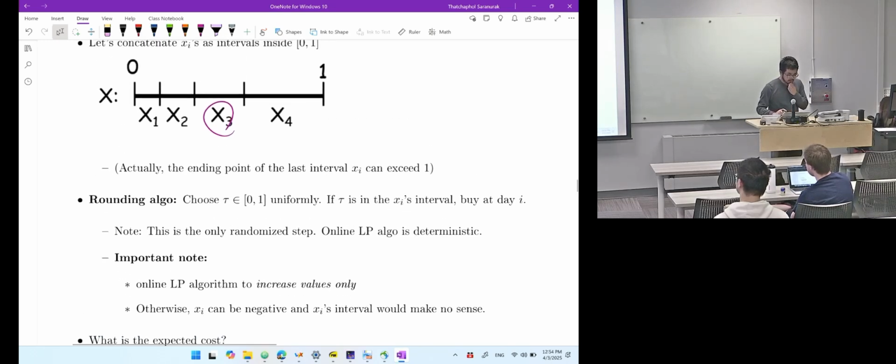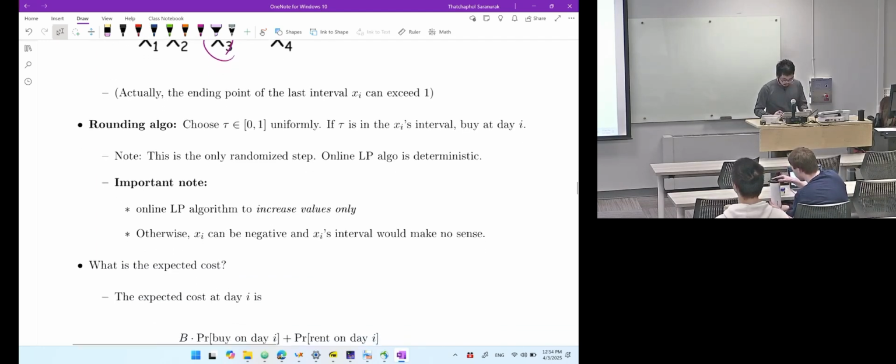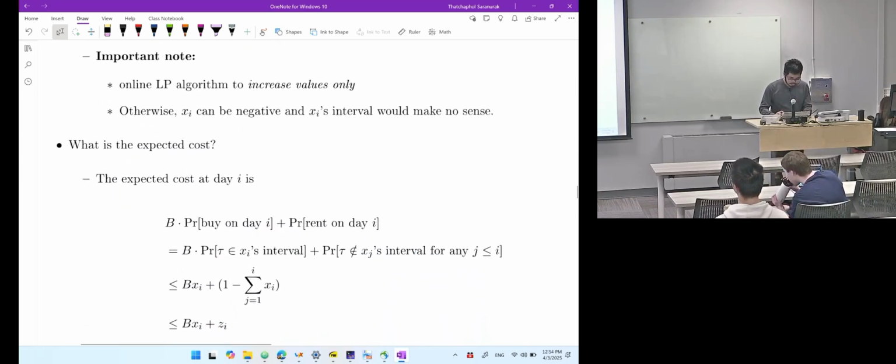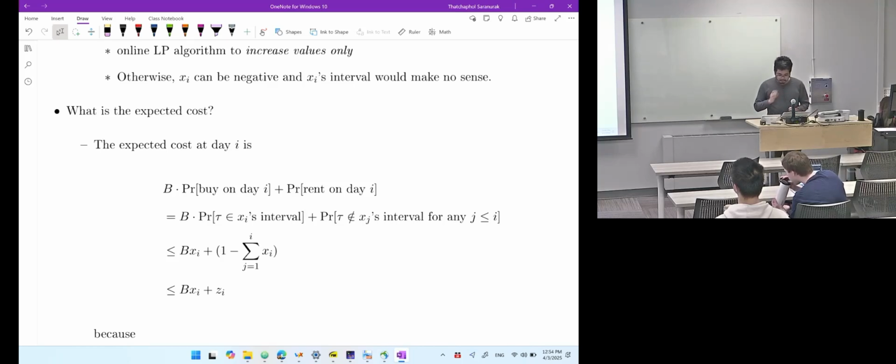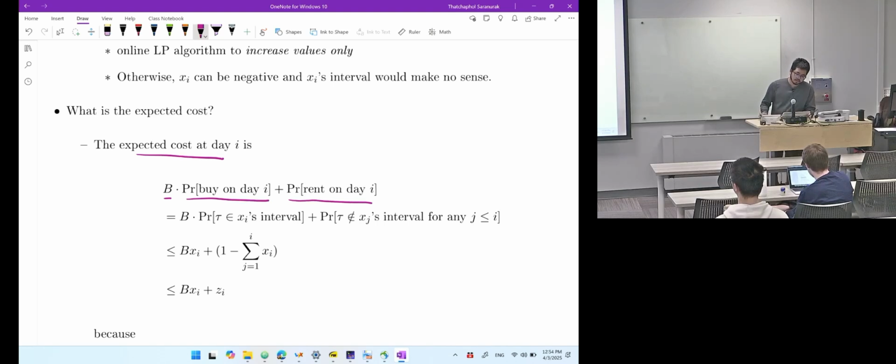So okay, that's the routing algorithm, and let's try to analyze it. How it works is like this. The expected cost at day i is b times the probability that we buy at day i, plus the probability that we rent at day i.